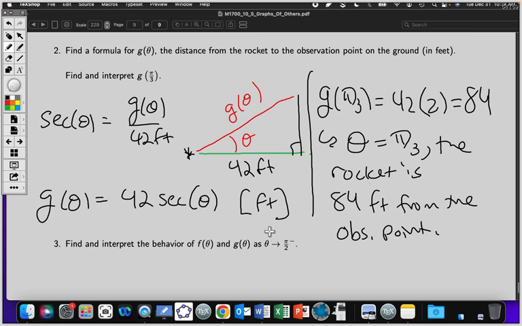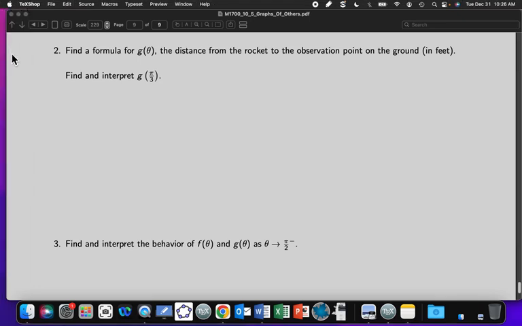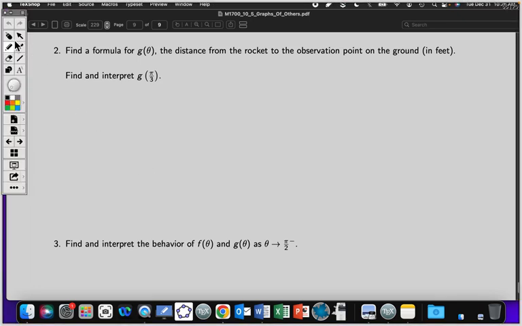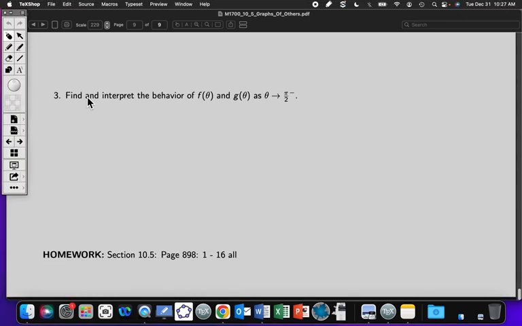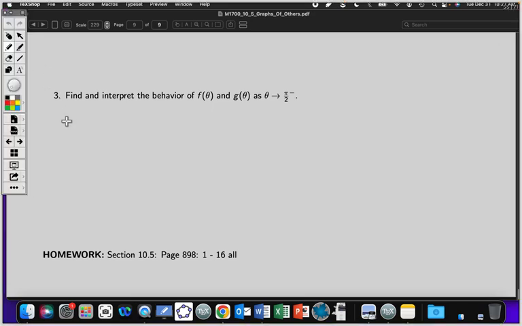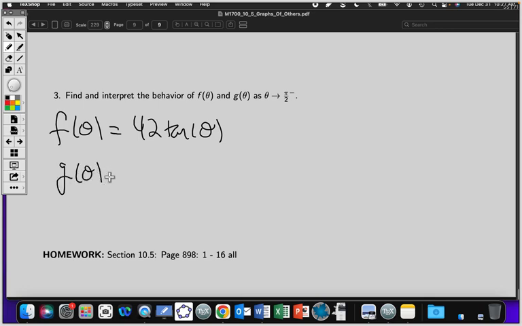Find and interpret the behavior of f of theta and g of theta as theta comes into pi over 2 from the left. Okay, so let's look here. So f of theta is 42 tangent of theta. G of theta is 42 secant of theta.